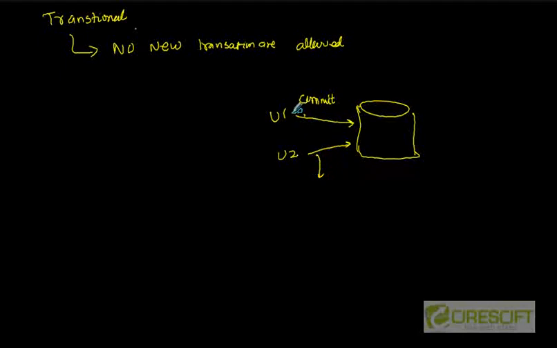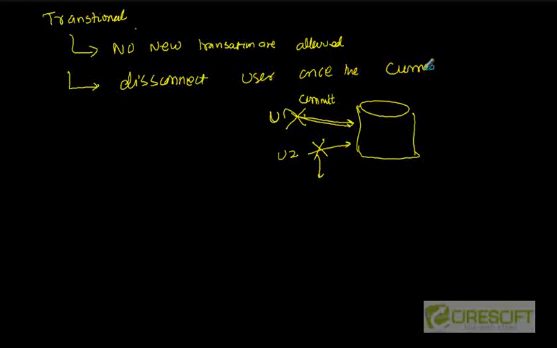When user 1 gives a commit, that means the transaction is done, therefore user 1 will be automatically disconnected. However, user 2 is still there. Eventually user 2 is going to do a commit, and then user 2 is going to be disconnected. So basically we disconnect the user once the current transaction is over.